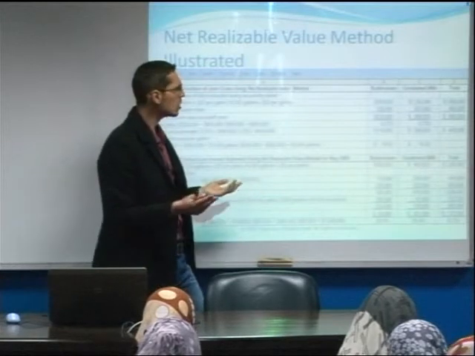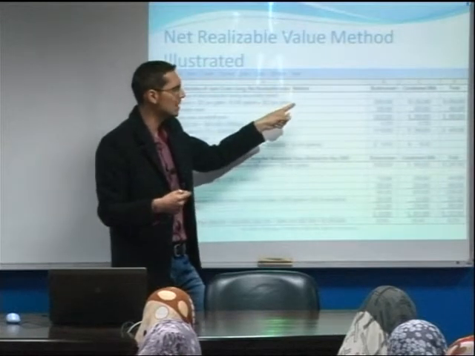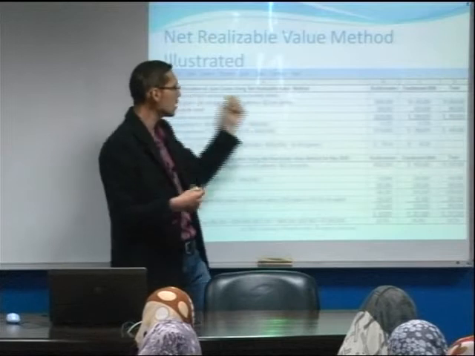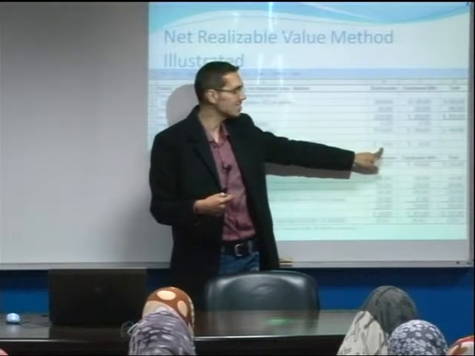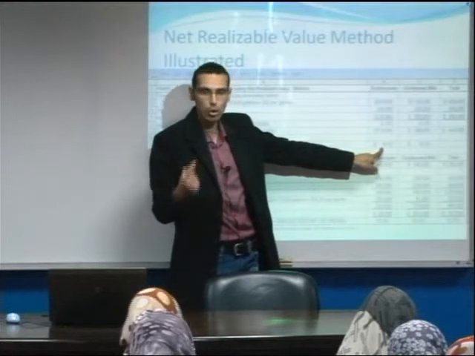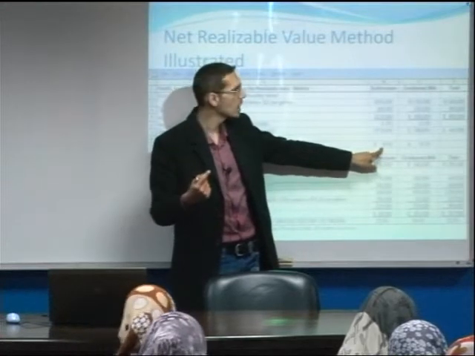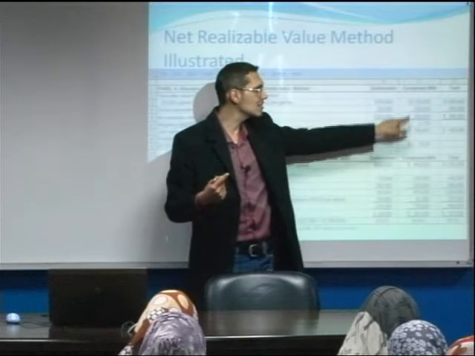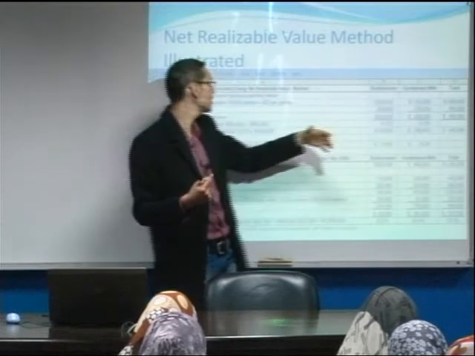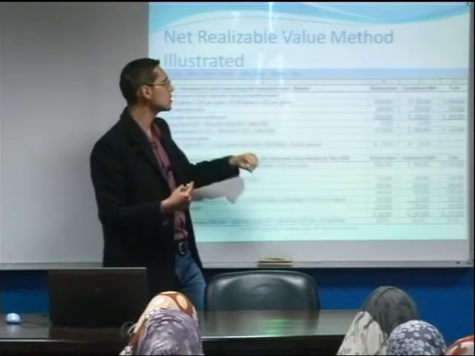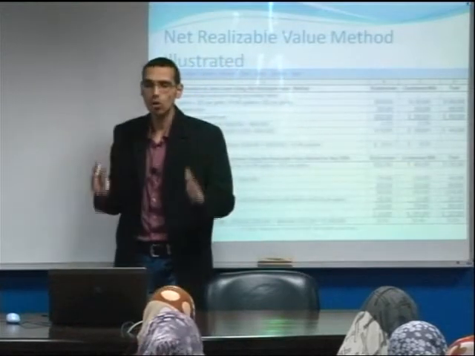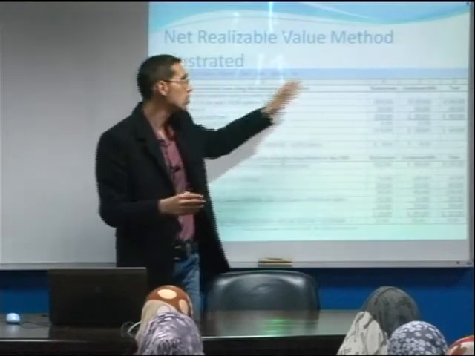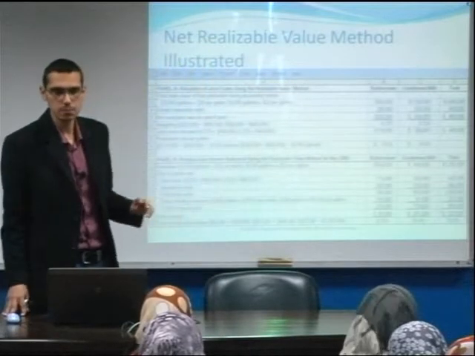Therefore, 110 plus 280 divided by 20,000 gallons would be $19.5, which is the cost per gallon. While 290 plus 520 divided by 50,000 gallons would yield $16.2, which is the cost per gallon for the condensed milk.